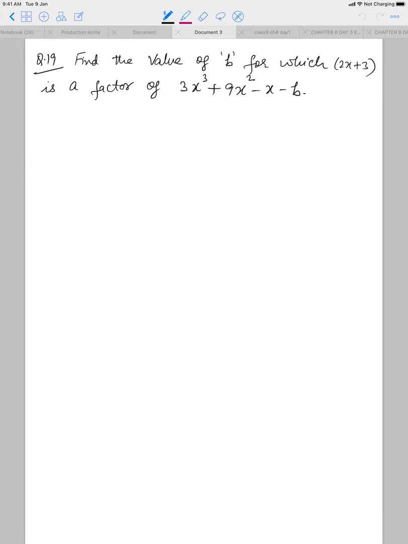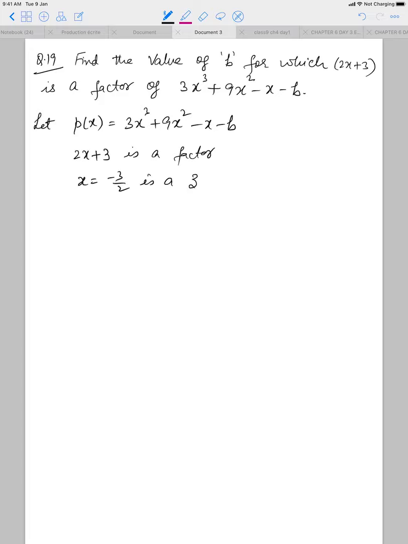Find the value of b for which 2x plus 3 is a factor of the given polynomial. So again, what will I do? I will name the polynomial as p(x), and now it is given that 2x plus 3 is a factor. As I told you yesterday also, 2x plus 3 is a factor means x is equal to minus 3 by 2 is a zero of the given polynomial.